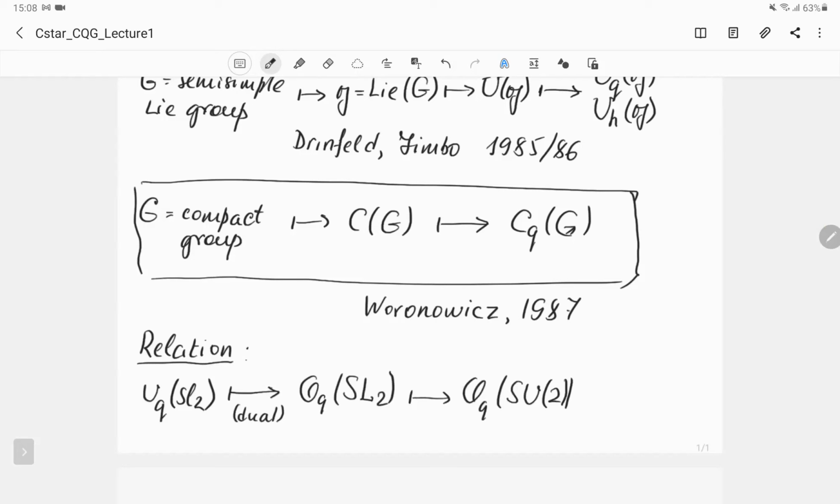The notation is justified by the fact that SU2 is a maximal compact subgroup of SL2. And after we take the C-star completion of this algebra, what we get is Woronowicz's quantum SU2 group, C_q(SU2).